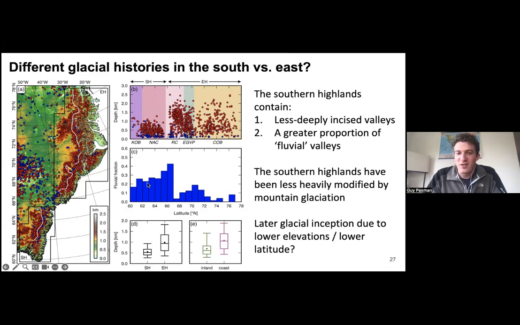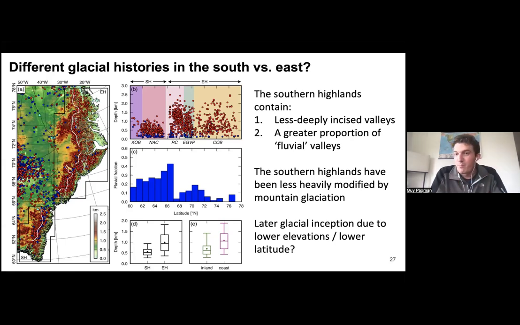And the south also contains a greater proportion of valleys classified as fluvial in our classification scheme. And I think maybe together these observations suggest that the southern highlands might have been less heavily modified by mountain scale glaciation. There's slightly less intensity to the erosion here. It might be telling us that glaciation in the southern highlands happened for less time. Maybe it started a bit later.